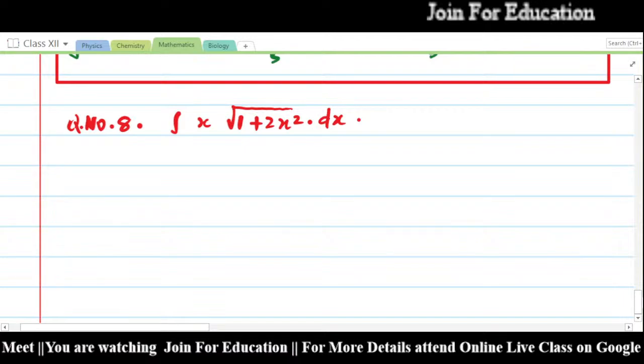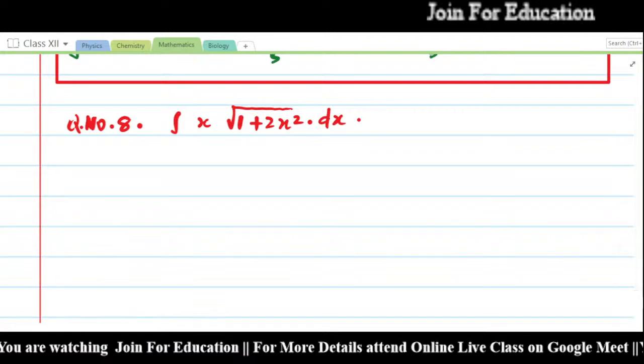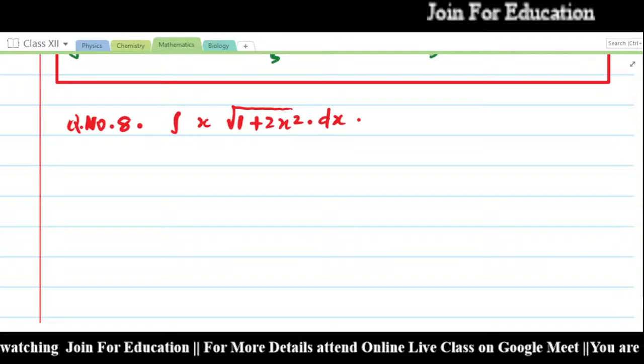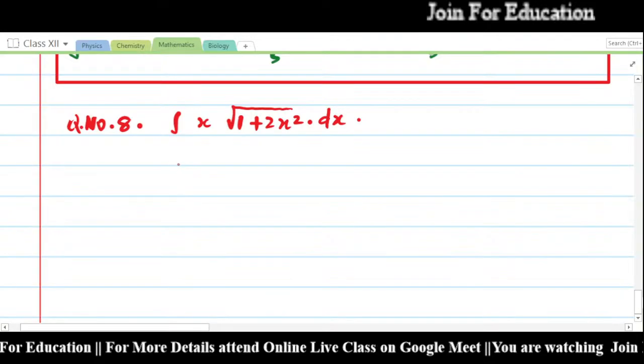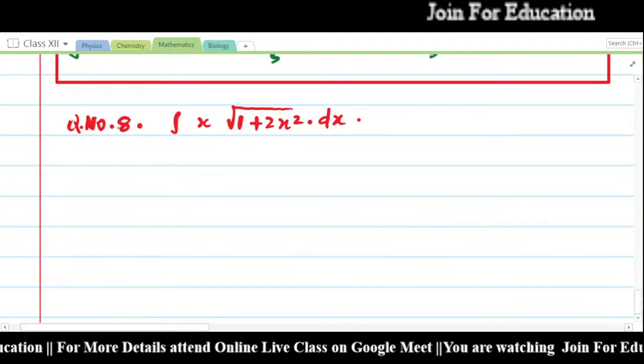So this question is based upon the substitution method, and we use the substitution as well as the general formula. Let's see the solution.